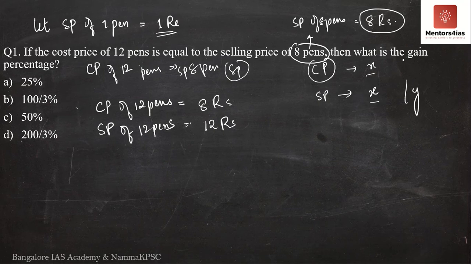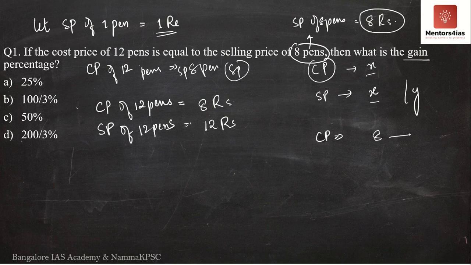Now don't you think we can determine the gain or loss percentage? Absolutely. In this question, we have to determine the gain percentage. So what do we take? Generally we always take the cost price as the basis for determining the loss percentage or profit percentage.